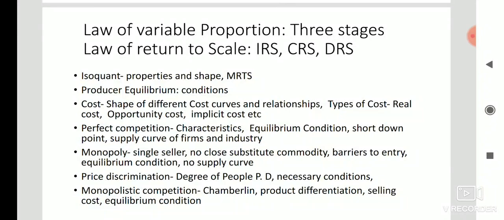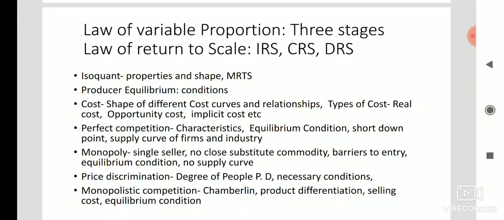In the second stage, our total product increases but at a diminishing rate, marginal product falls but remains positive, and average product also diminishes but average product becomes greater than marginal product. And a rational producer produces in the second stage of production.